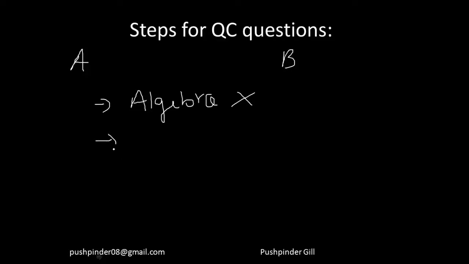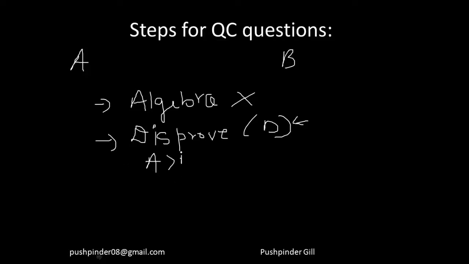Rather, you should just be trying to disprove the options, or trying to get your answer as D, the last option. Why? Because you will try some values where you get A greater than B. Once you get A greater than B, you should try to get B greater than A. That is what you should be doing, using values to prove the answer.